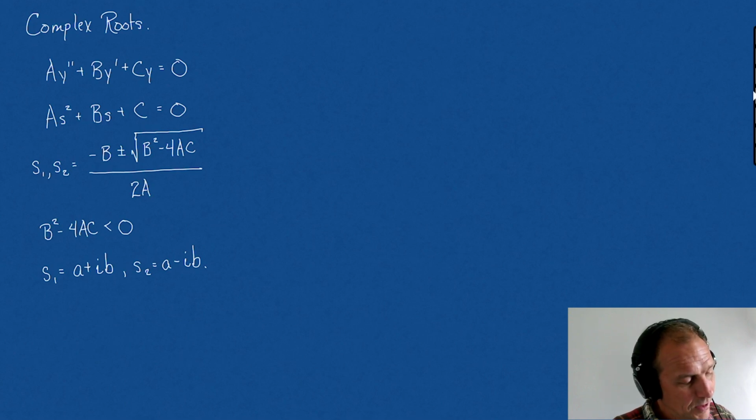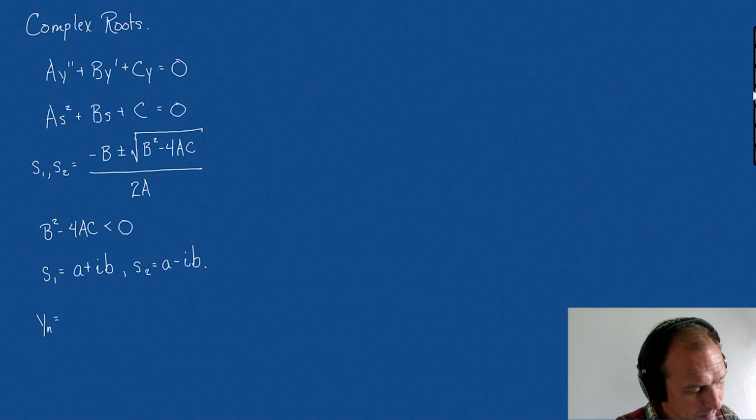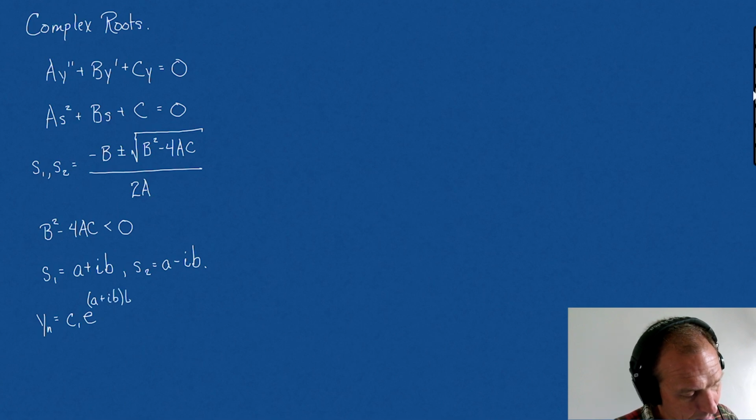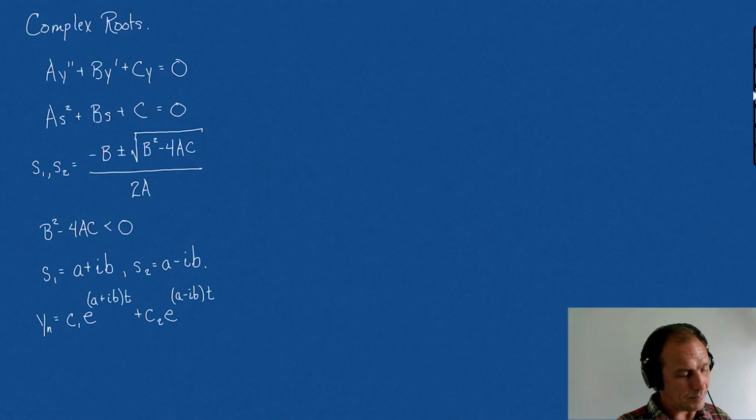So now we can say that our null solution is going to be some c1 e^((a + ib)t) plus c2 e^((a - ib)t), like that. Watch this.